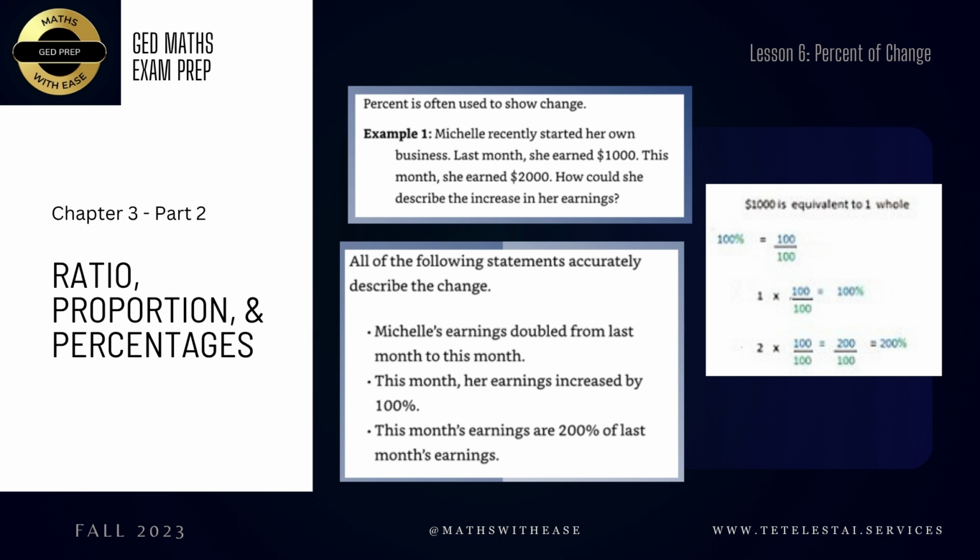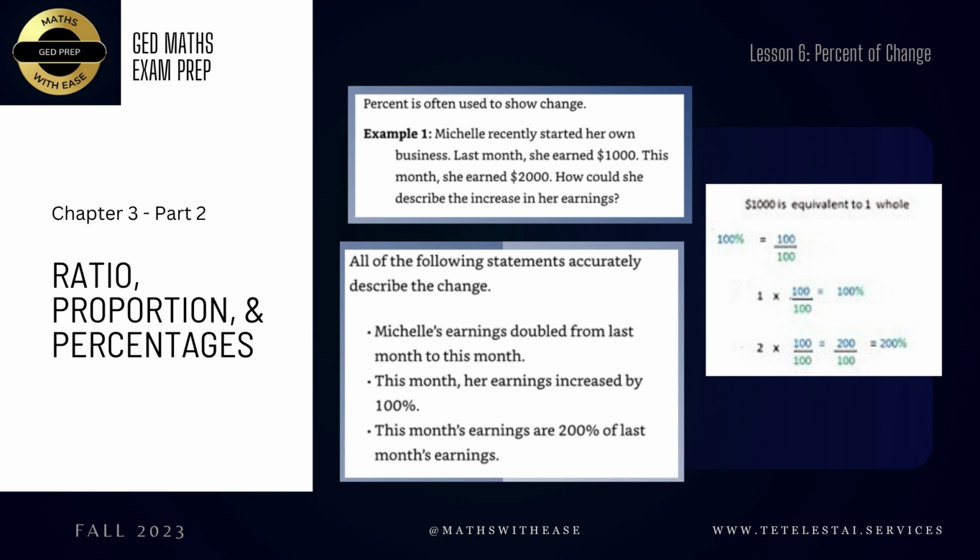We can visualize this $1,000 income as one whole. I made this little visual representation of what's being described here so that you can have a better understanding of what is being discussed. So $1,000 is the equivalent of one whole.